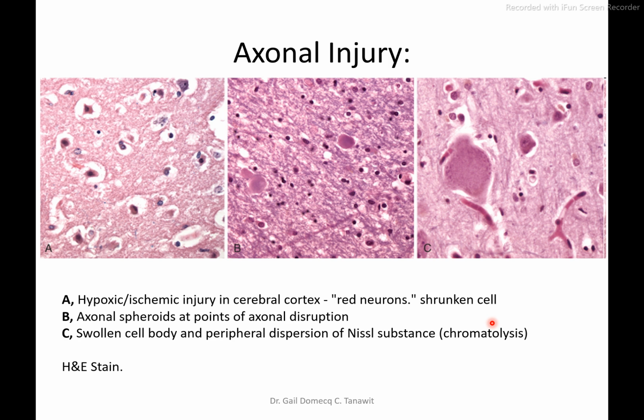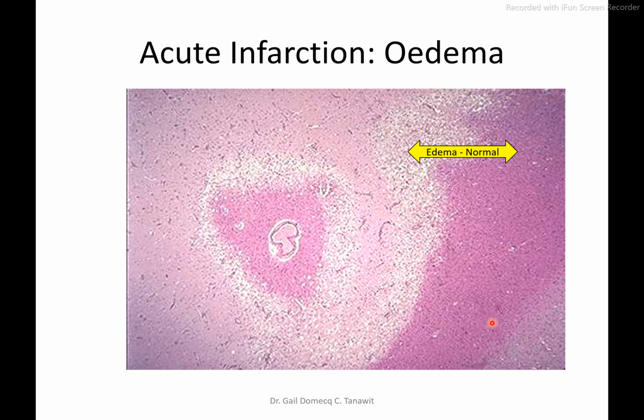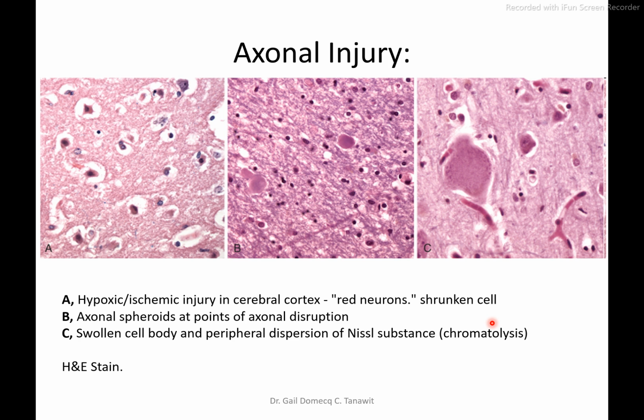Okay, what else do we have to see in here? Sorry. For this is an axonal injury. Okay, we have a hypoxic ischemic injury in the cerebral cortex, leading into shrunken cells, or what we call the red neurons here.